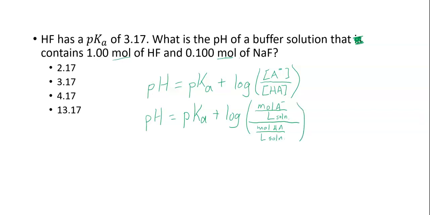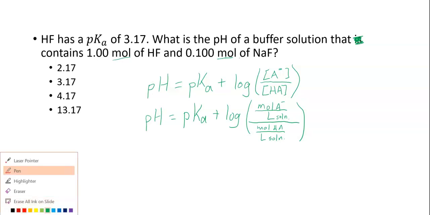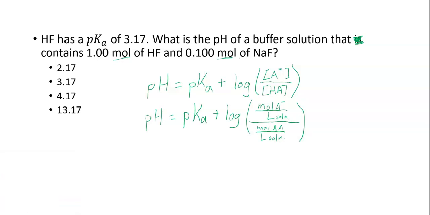Well, the HA and the A minus are in the same solution because they're together in a buffer solution. So the liters of solution are the same and they cancel out. And so we can also use the Henderson-Hasselbalch equation with moles instead of molarity. Oftentimes it's easier, and in this case, we have to do it because we don't know the molarity, but we do know the moles.